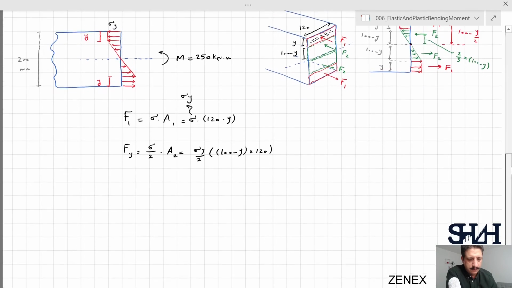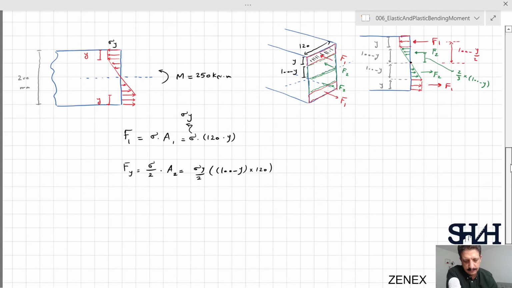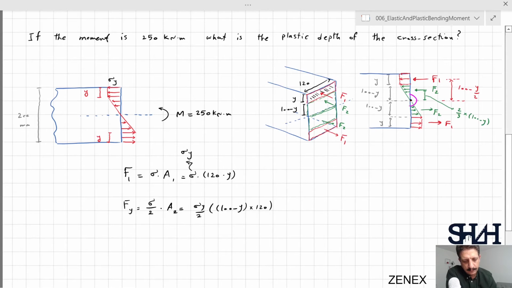Now the only thing that we need to calculate is the moment, which is coming from F1, F2, F2, F1.